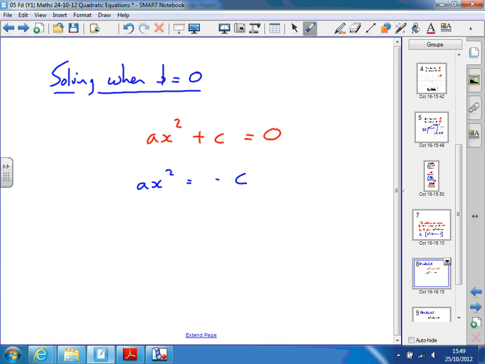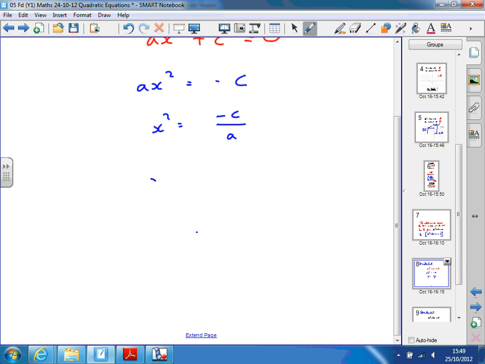Subtract c from both sides. And then divide by a to get rid of the a. X squared equals minus c over a. Now how do I get rid of the squared? Square root it. And therefore x equals square root of minus c over a.